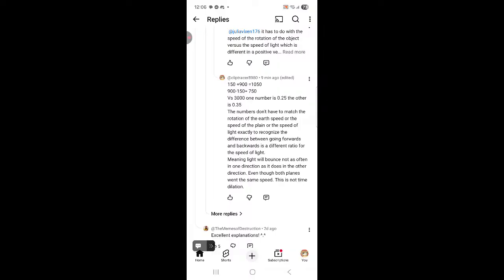So that's how all that stuff happens. And it is, again, not time dilation. It just happens when you have something that's consistently bouncing, going a different direction forward versus backwards, or the same amount of acceleration forward versus backwards.